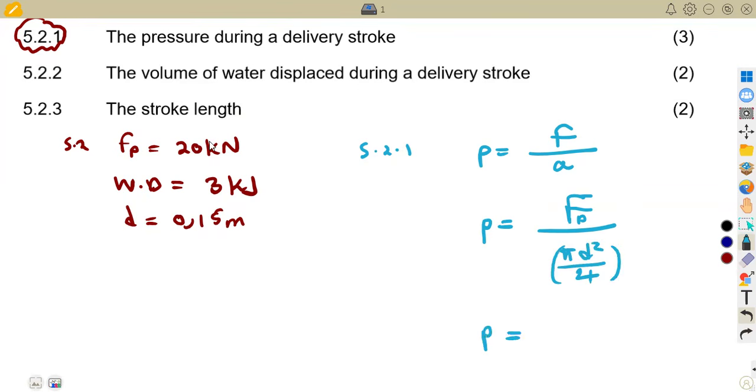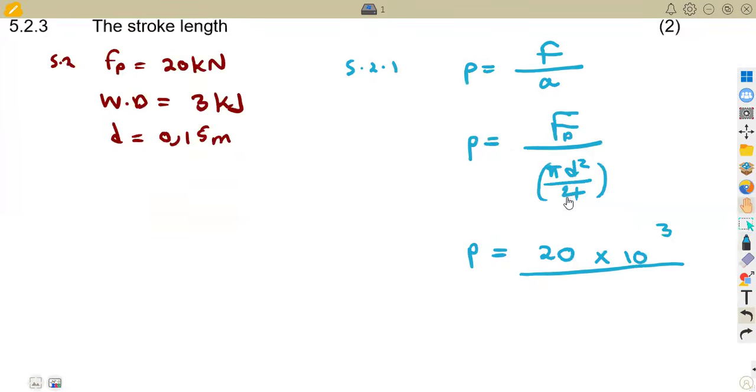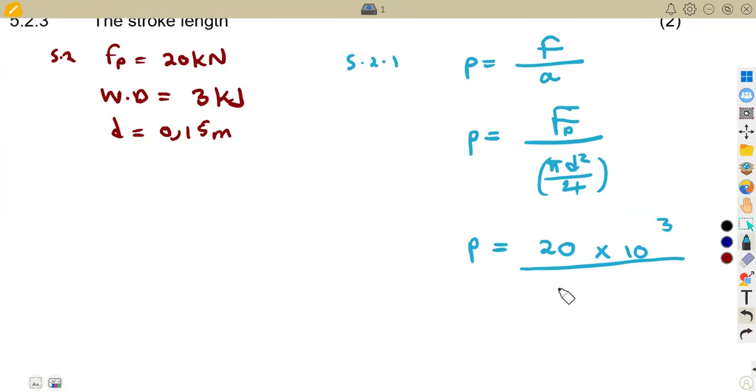So we've got FP, the force on the plunger, 20 kilonewton, that's 20,000, or 20 times 10 to the exponent of 3, over the area, which is pi d squared over 4. So you're just going to substitute. That's pi times the diameter of the plunger, which is 0.15 squared over 4, like this.